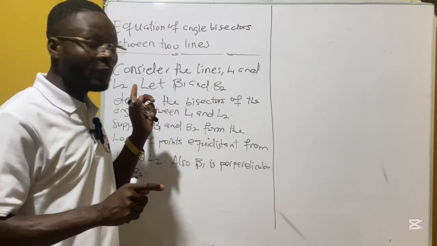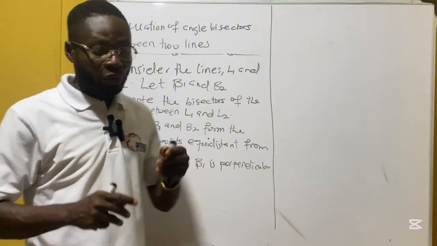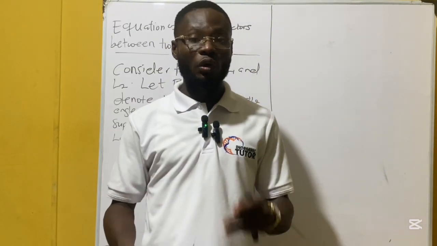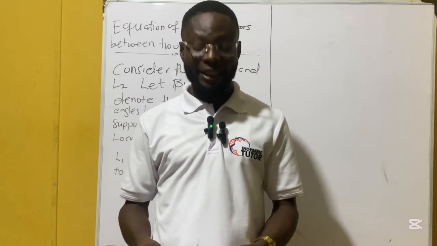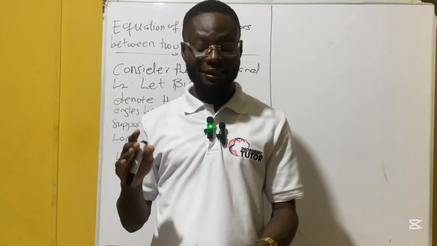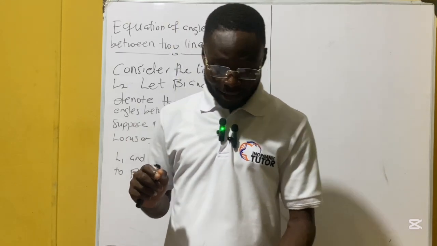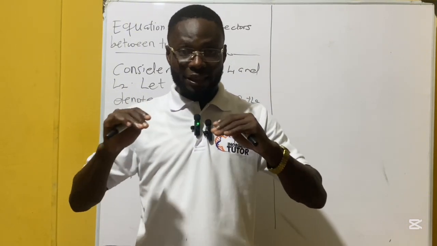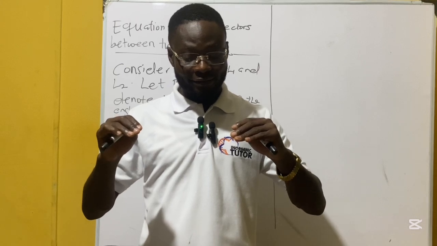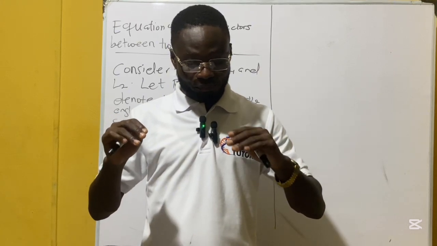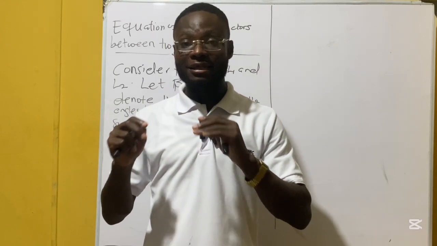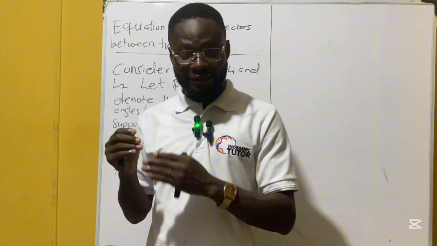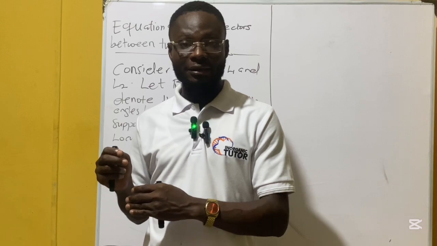So the locus of points equidistant from two lines is the set of all points that are equally distant from both lines, and this is exactly the angle bisector, right?